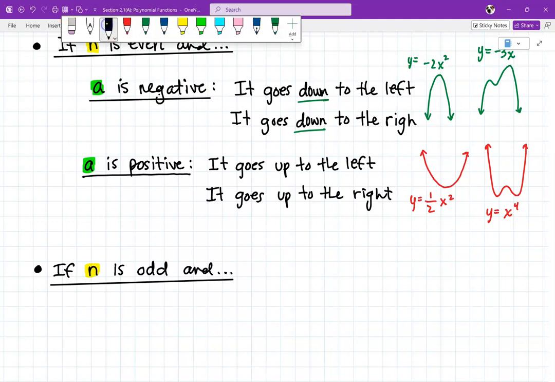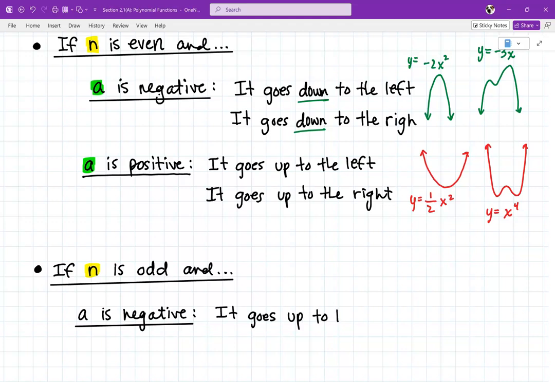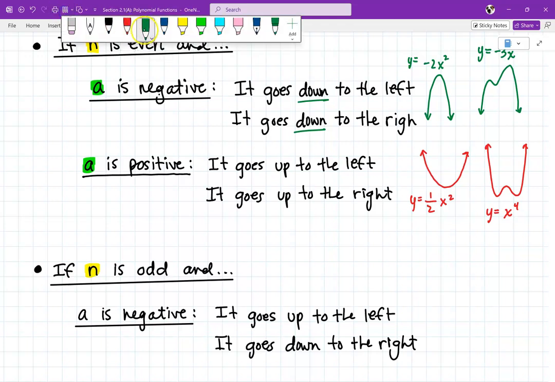and a is negative. So if my a term is negative, then it goes up to the left, it goes down to the right. An example of this will look like this.